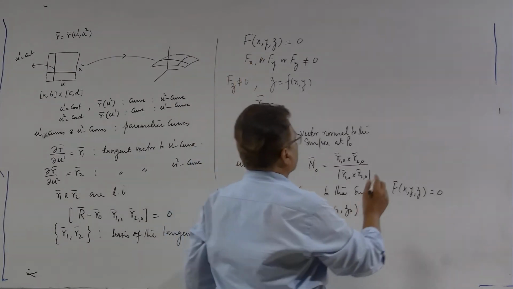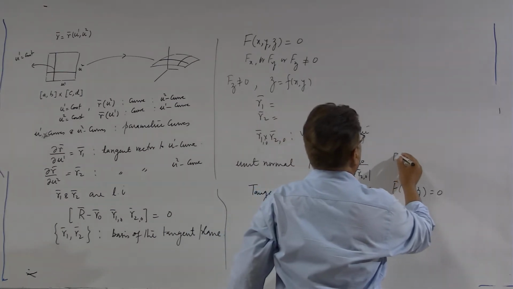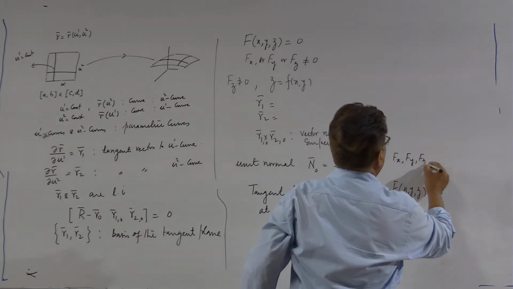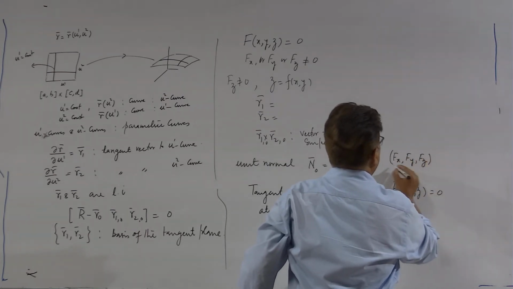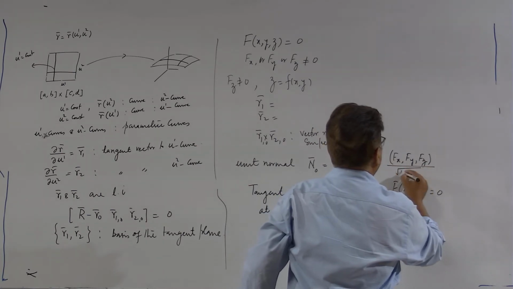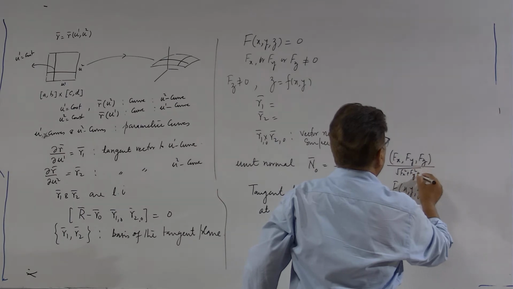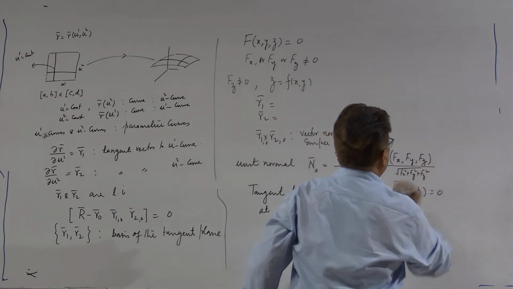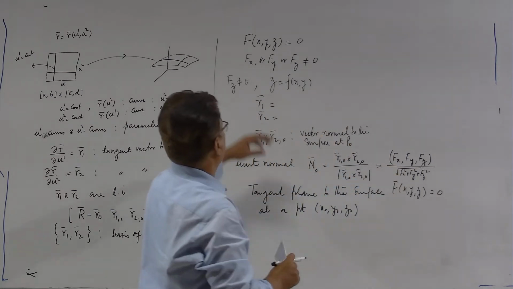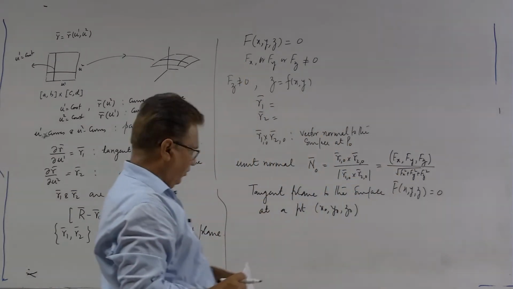The normal to the surface in this case will be (fx, fy, fz). Since you want a unit vector, it will be divided by under root fx square plus fy square plus fz square. So, this will be the normal if the surface is taken in the implicit form.